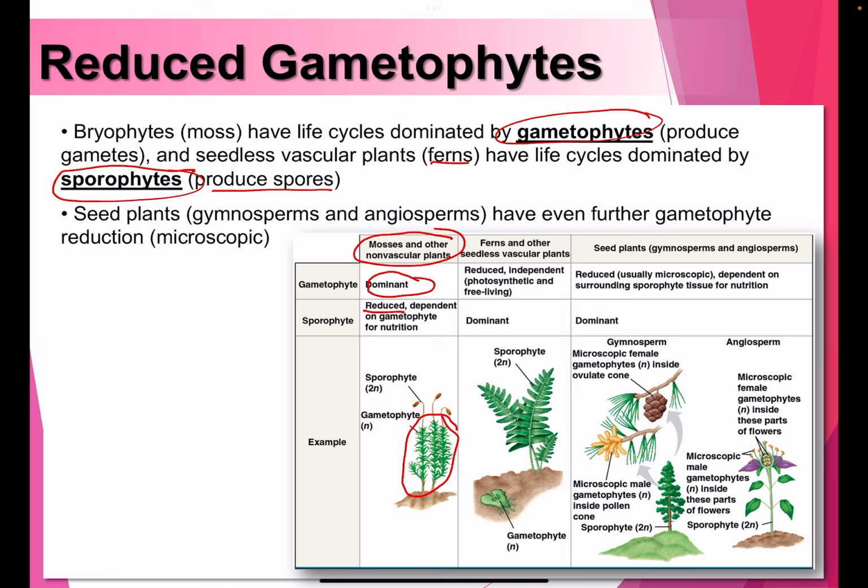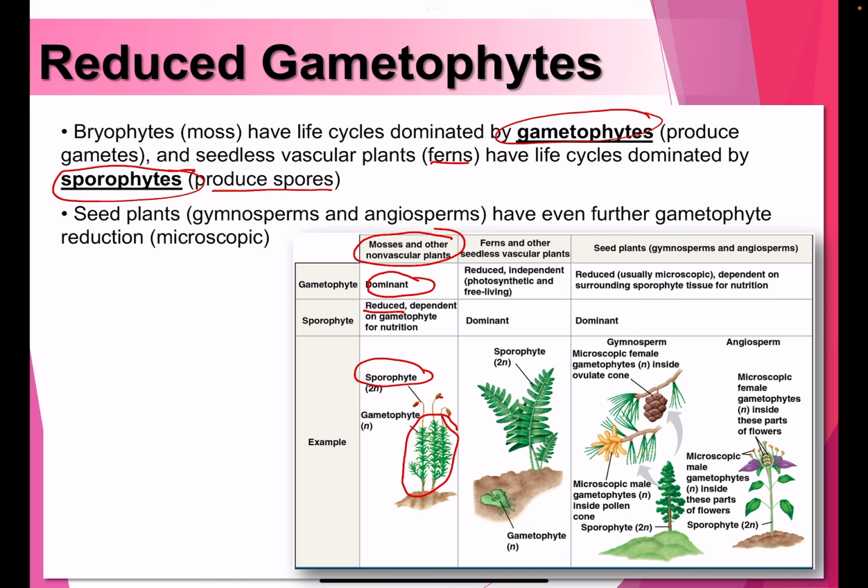As a review, remember that the sporophyte up here, these little dots, have a little foot that connects with the gametophyte. And we said that they're dependent. They have to be attached for the rest of their lives because nutrients have to come from the gametophyte into the sporophyte.